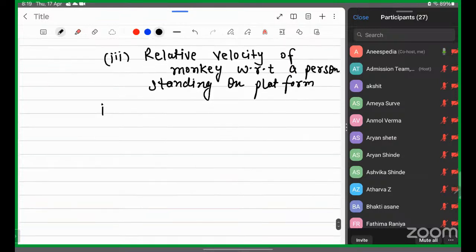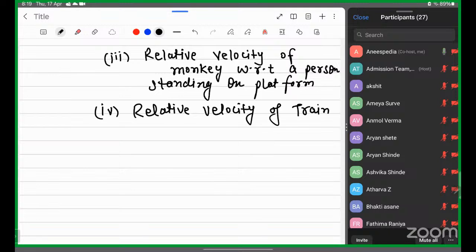Also find out the relative velocity of the train with respect to the person standing on the platform.